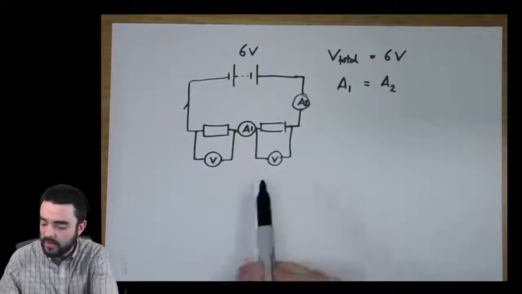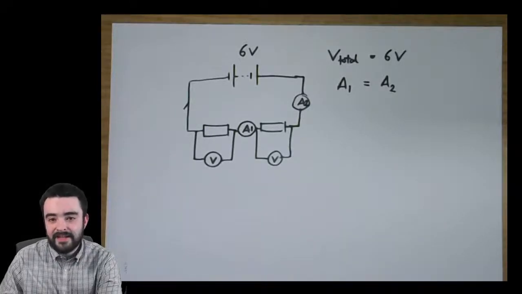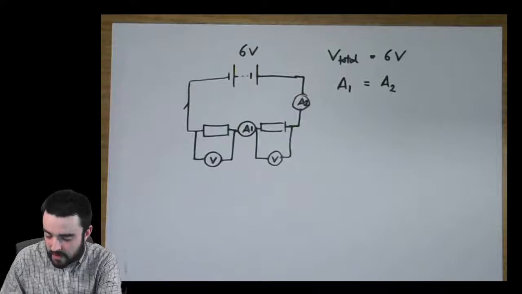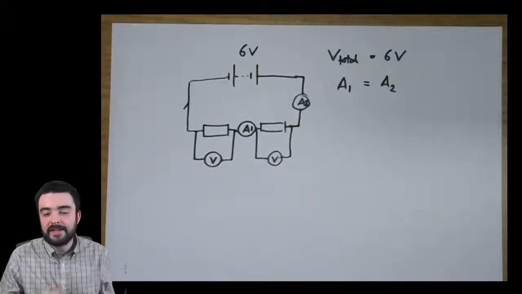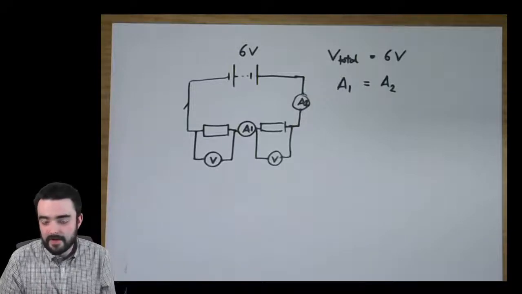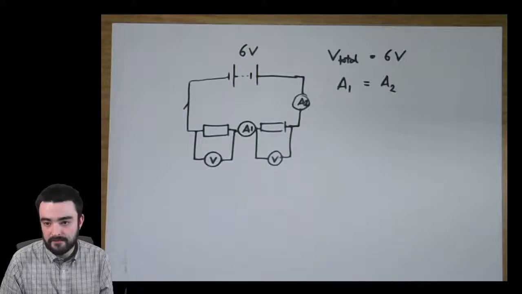Okay, what about the voltage? The voltage, again, that is the energy per charge. Now, when an electron is pushed around, all the energy it's being given is going to be transferred to the components in the circuit.